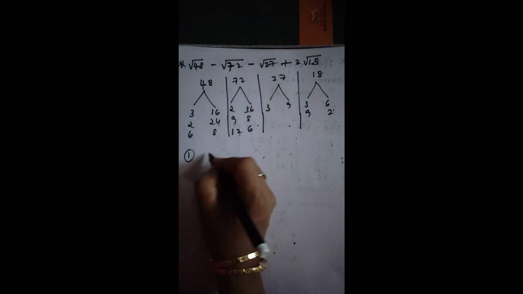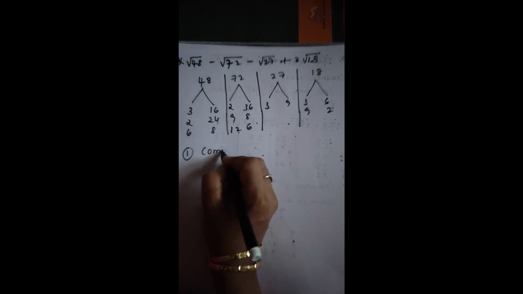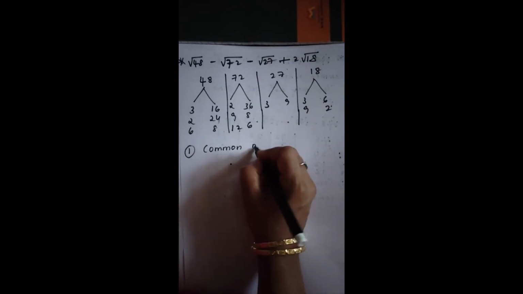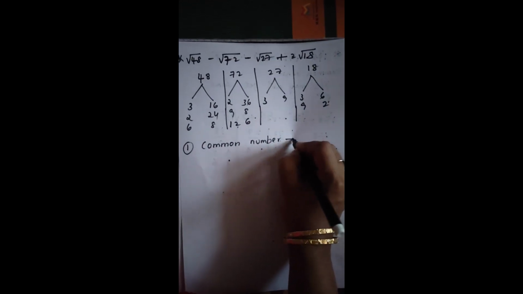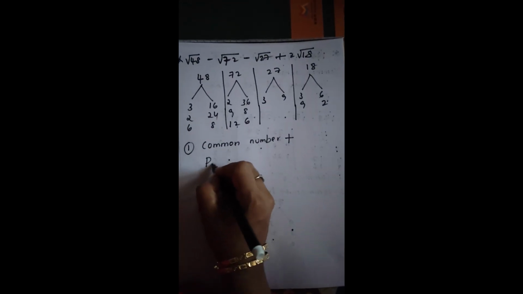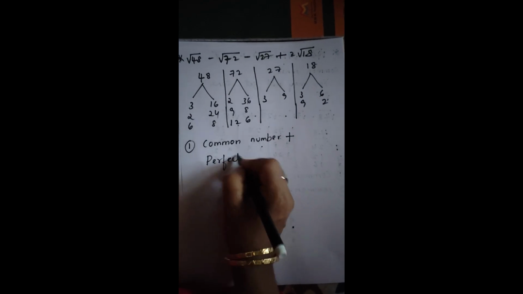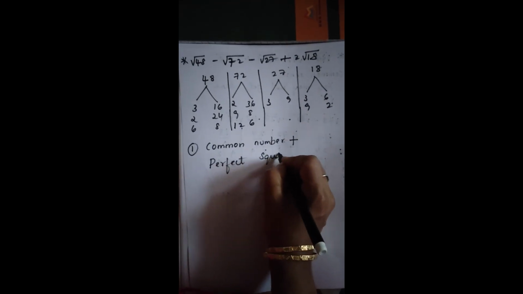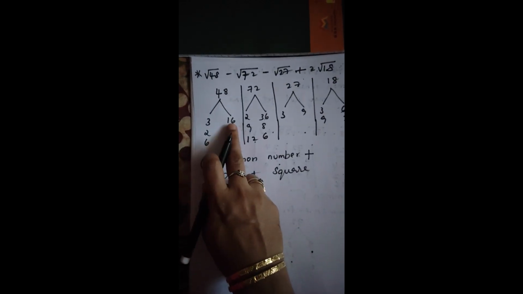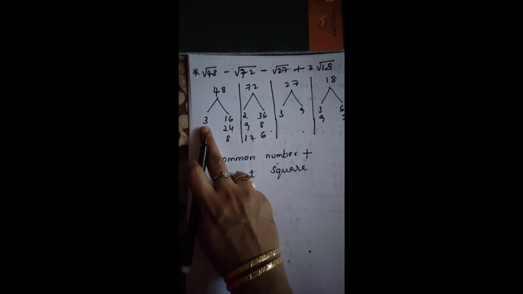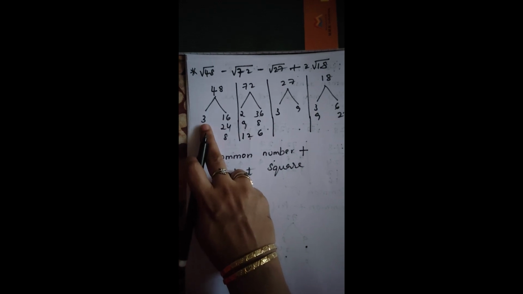Now, the first point is you have to look for a common number plus a perfect square. For example, 3 and 16.